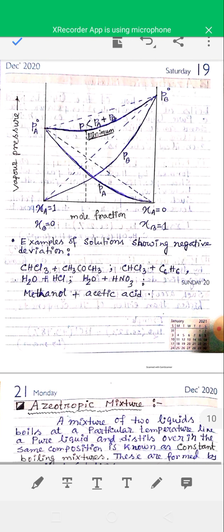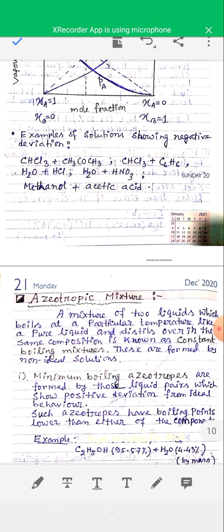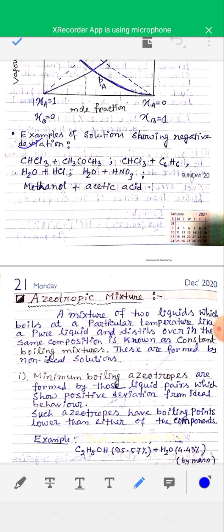Examples of non-ideal solutions showing negative deviations are chloroform and acetone, CHCl3 plus acetone CH3COCH3, chloroform and benzene, water and HCl, water and nitric acid. These are some examples of solutions which show negative deviation from ideal behavior or from Raoult's law.